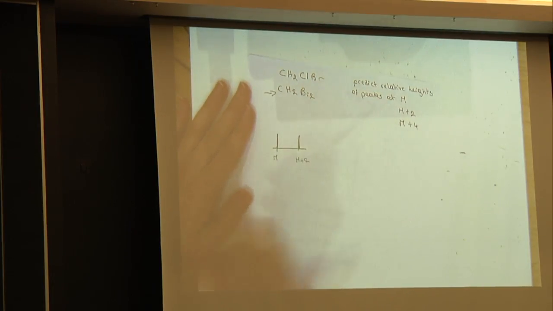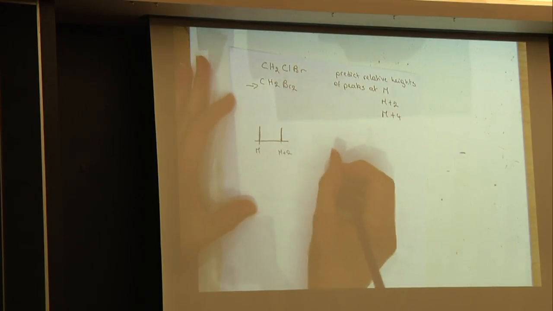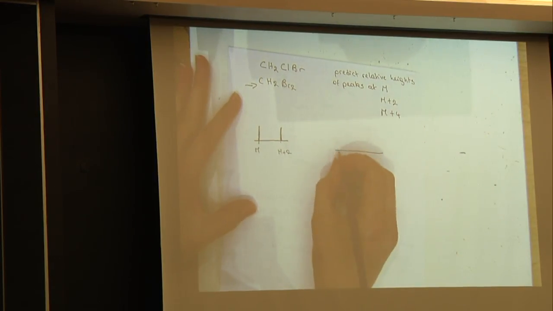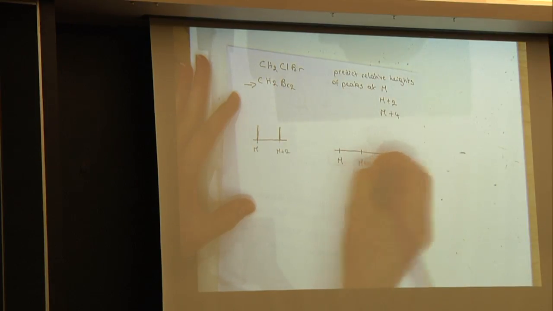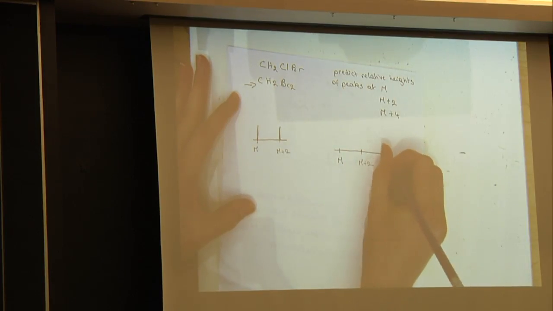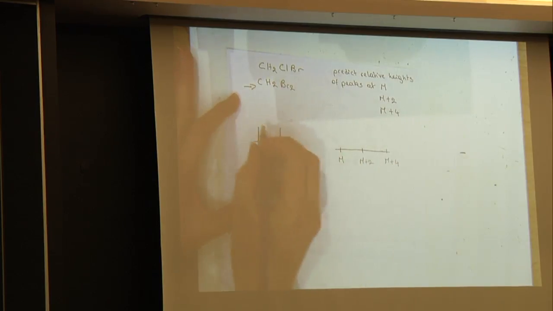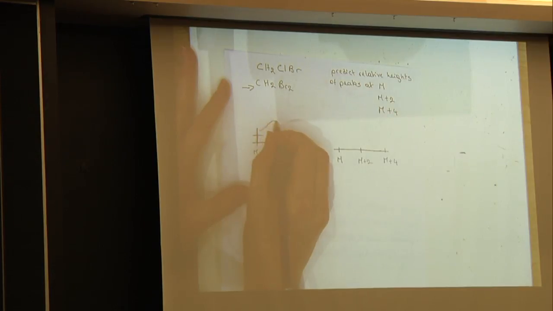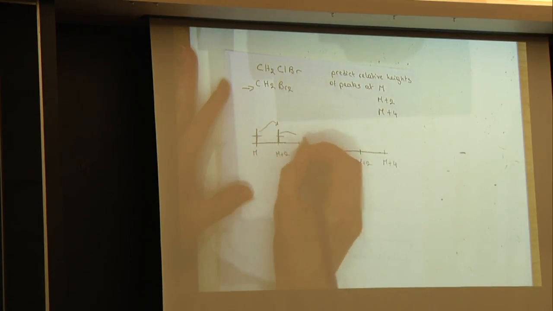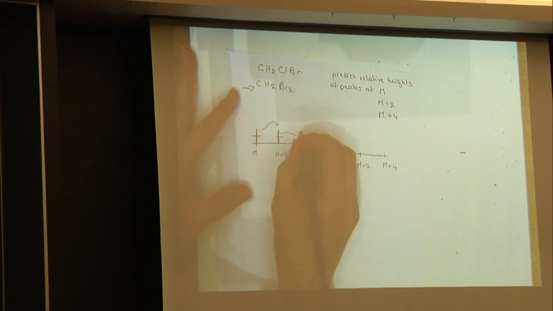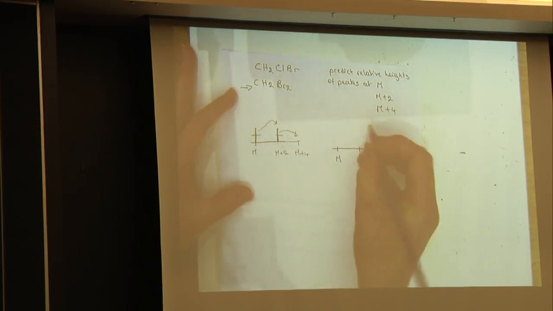However, I have 2, so I'm going to have m plus 2 and m plus 4. I'm going to have half of this in that peak and half of this in the m plus 4 peak. And that's as simple as that.